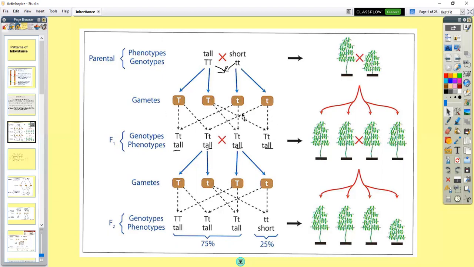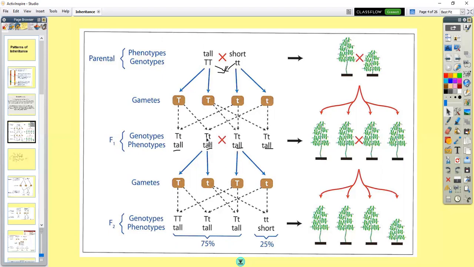All of the offspring produced from that would have one allele from this parent and one allele from that parent. So they would all be big T, small t. So they're heterozygous, and because tall is dominant to short, they're all tall.